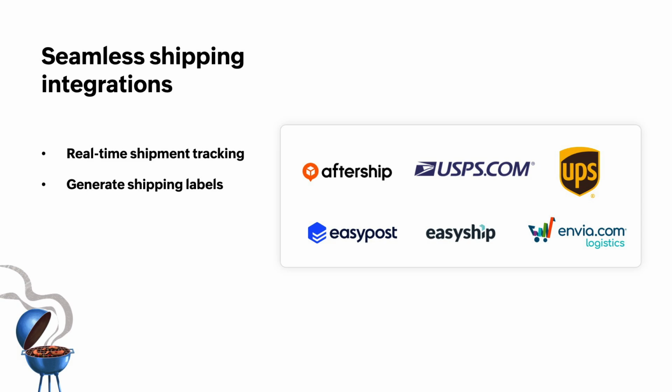So if you integrate with these carriers in Zoho, you will be able to generate shipping labels from within Zoho itself. You do not have to juggle between the shipping carrier's website and Zoho in order to handle your fulfillment. Right when you create an order, if you have integrated with EasyPost or UPS, you will automatically be able to generate shipping labels from within Zoho.